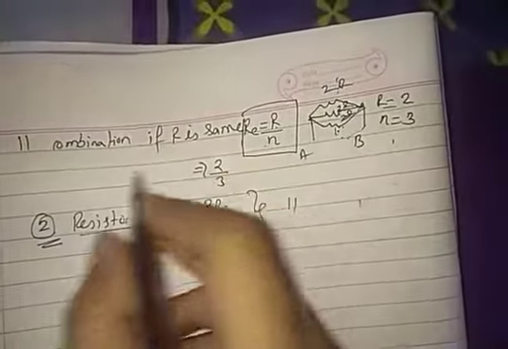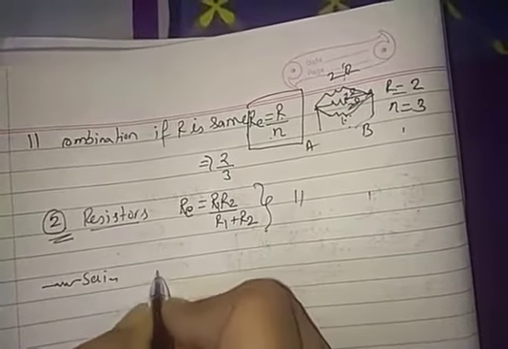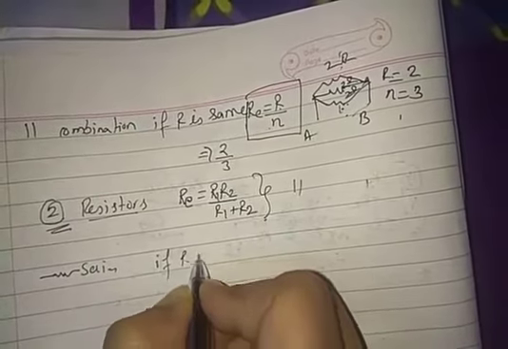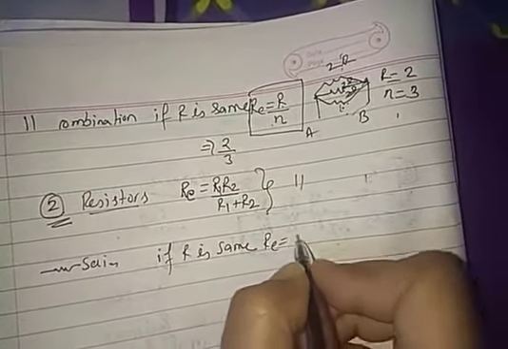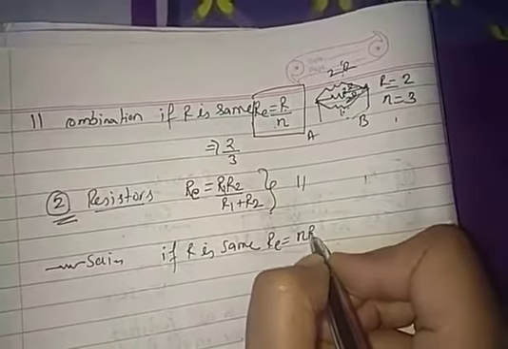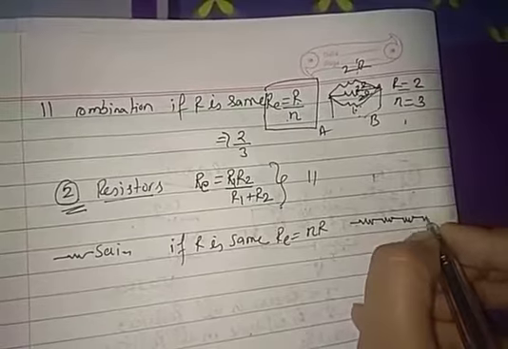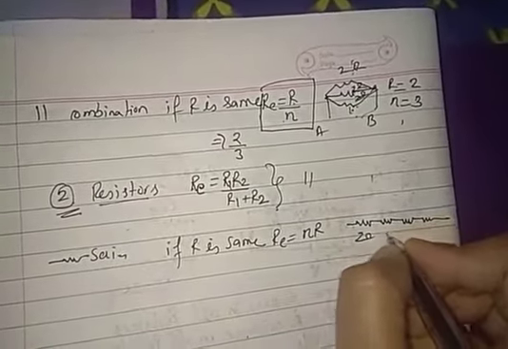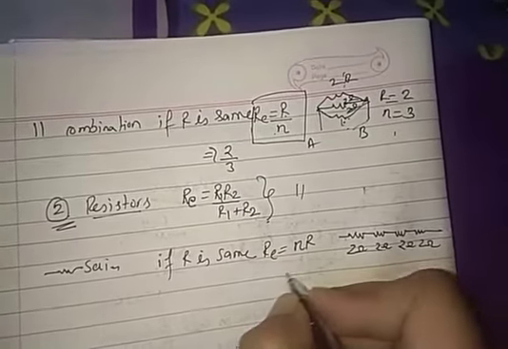Now for n number of resistors connected in series, if R is the same, then Req, the total resistance, will be equal to NR. Now you can see 2 ohm, 2 ohm, 2 ohm, 2 ohm. How many resistors are connected?